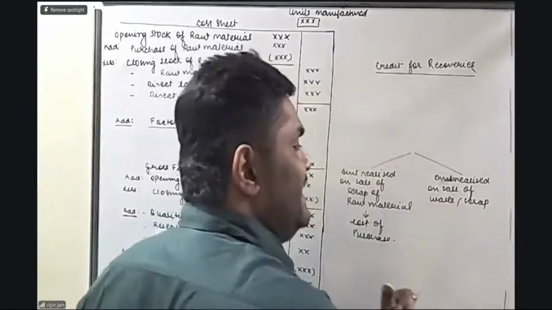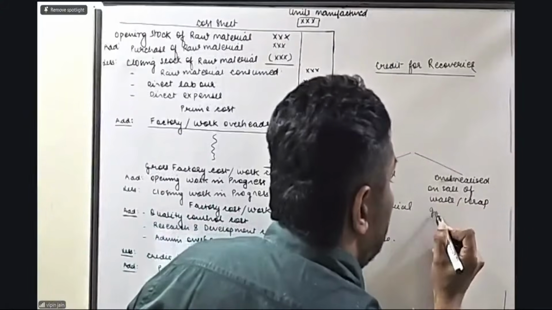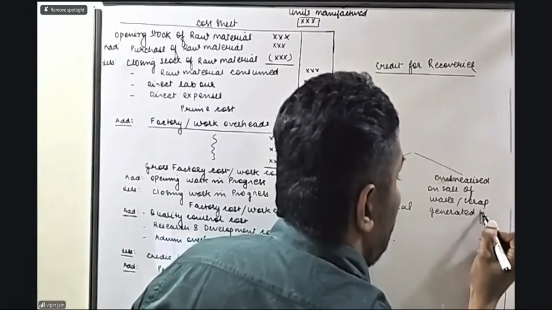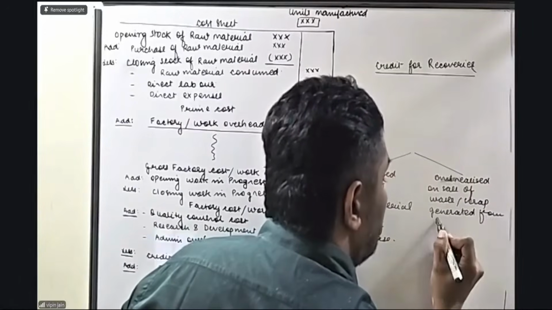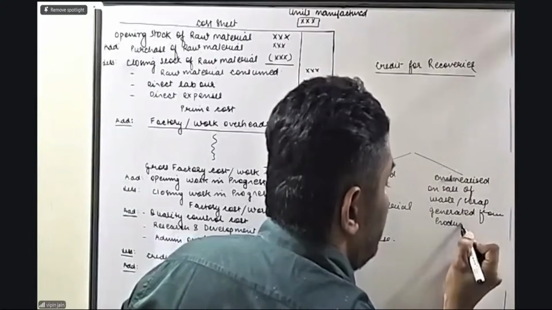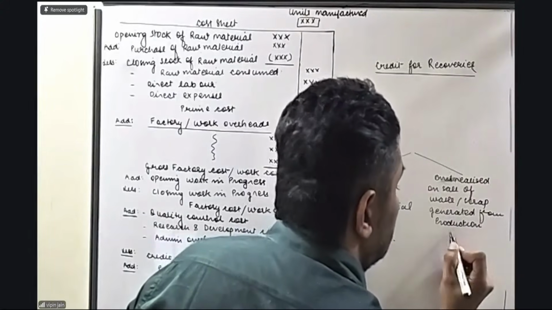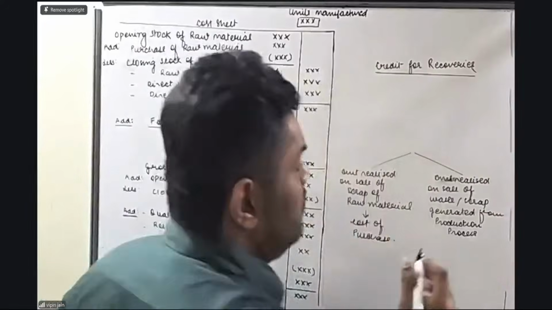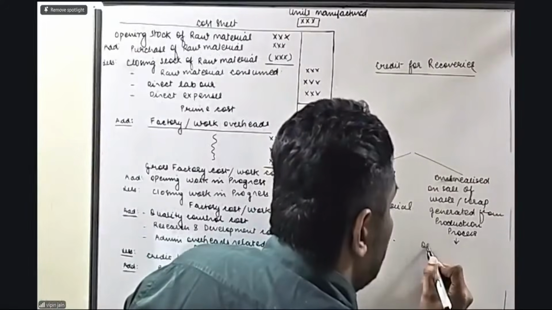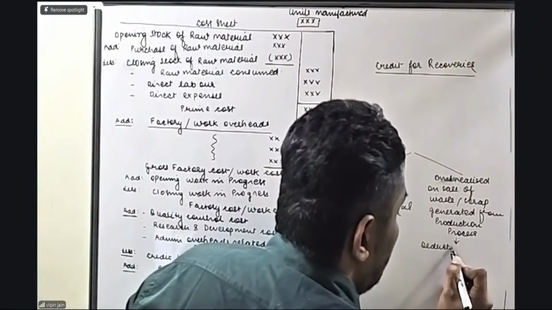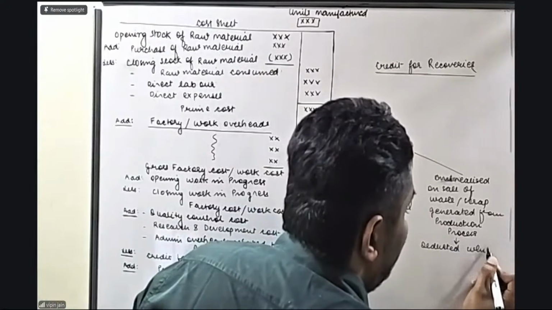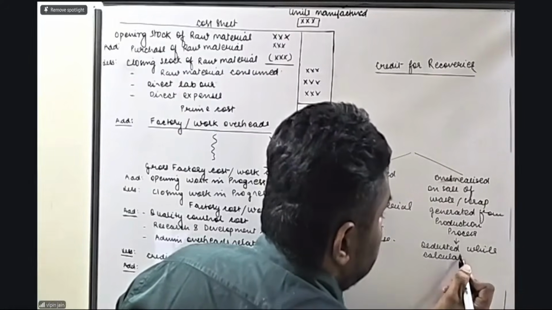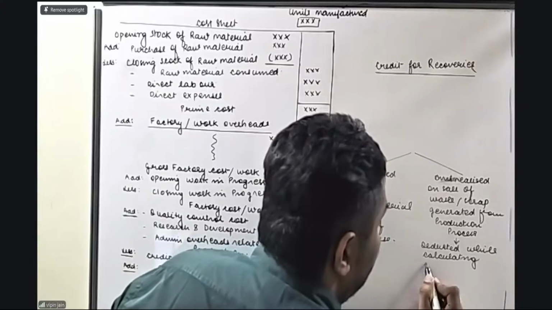The amount realized on sale of waste or scrap generated from the production process will be deducted while calculating cost of production.